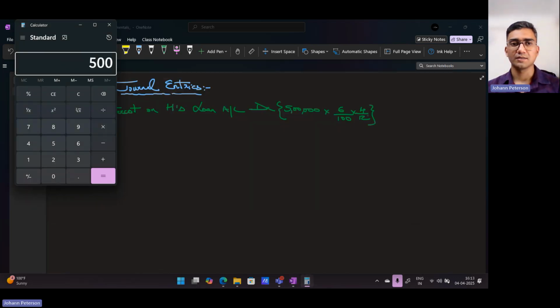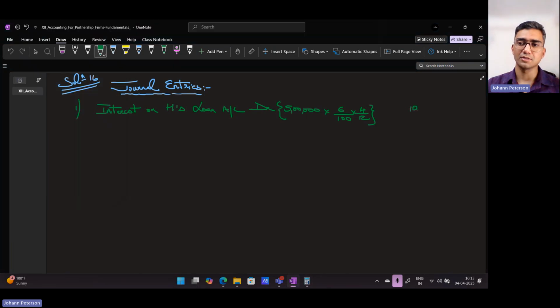So 5 lakh into 24 divided by 1200 gives us 10,000. So we will write 10,000 here, and to H's loan account, because our liability has increased. By how much? 10,000. Again, the narration is being interest on H's loan provided.